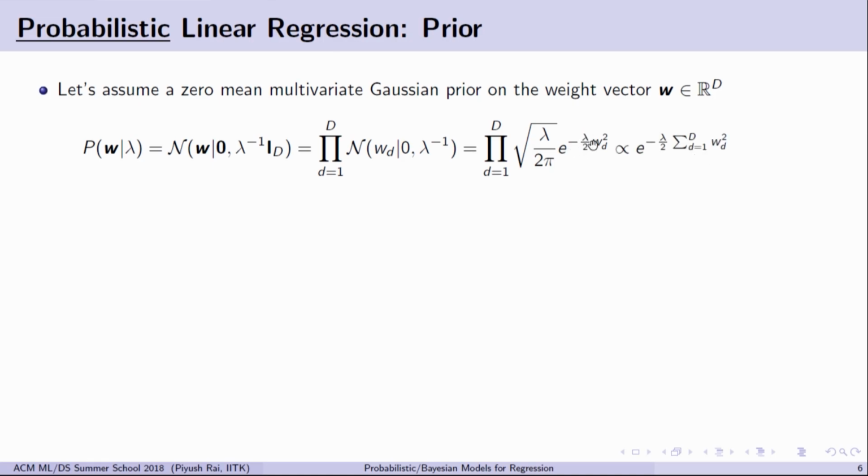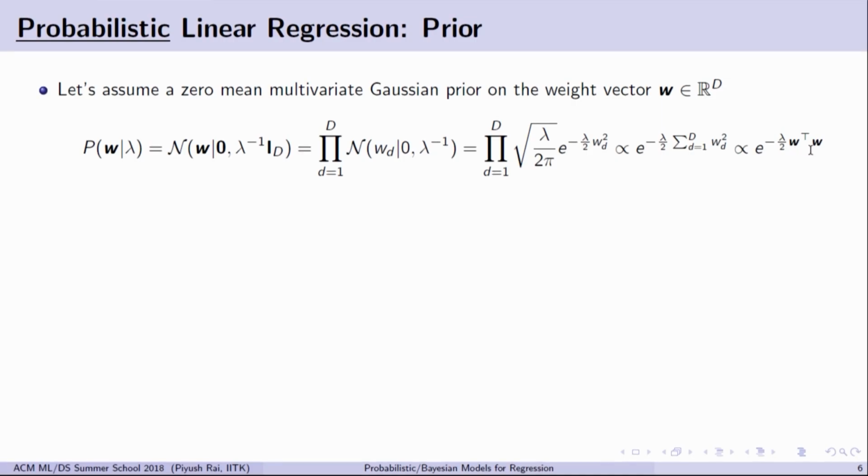Again, the exponents get added up, so we have a sum over all the WD squared. Can we write this summation in terms of W, this weight vector?